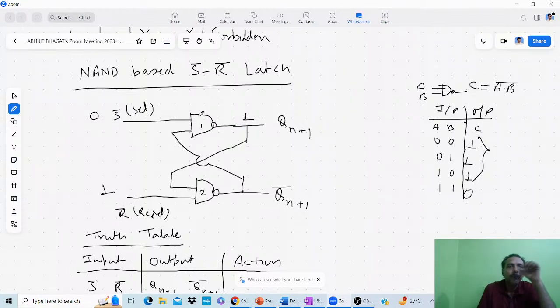Here you can see across the output side you are getting 1, since one of the inputs is 0. Now this is 1, so this 1 is the input of this gate. Both are 1 1, so here you are getting 0. So for this 0 1 you are getting the set condition, your Q is 1.